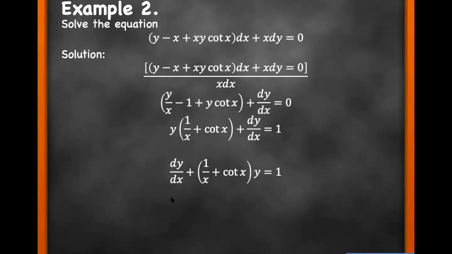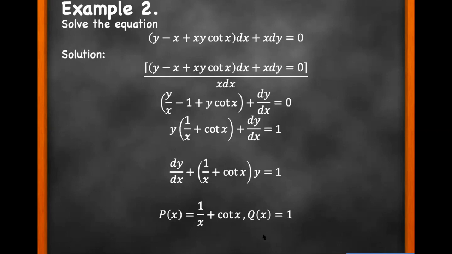The first term is the derivative of the dependent variable, which is dy over dx, plus, okay, so this is now our linear equation in standard form. We can see here that p of x is 1 over x plus cotangent of x. Of course, the right side is q of x.